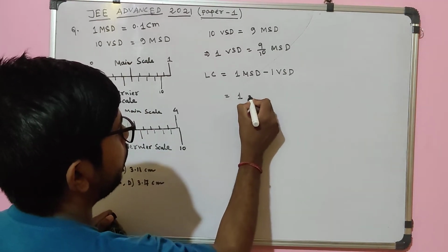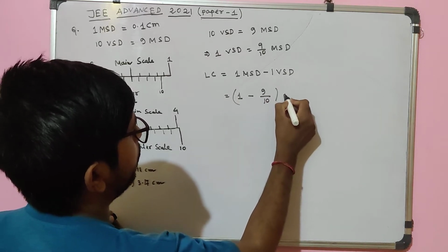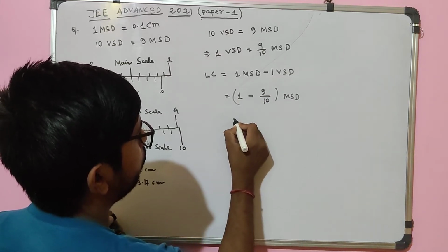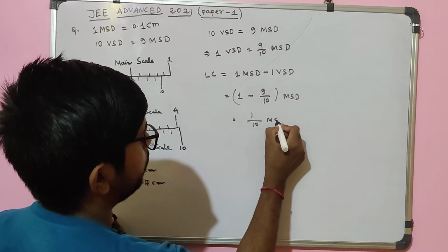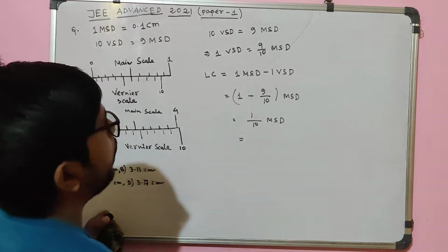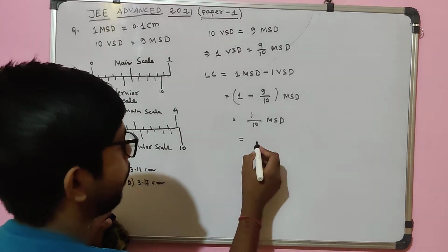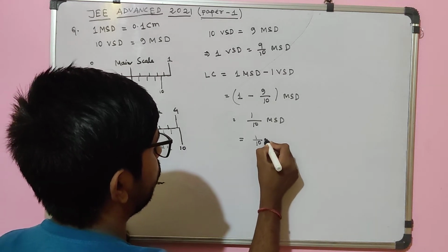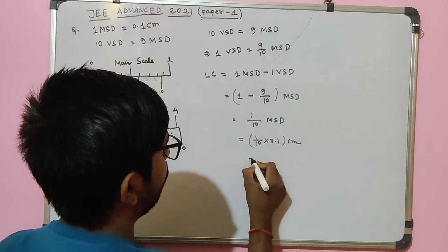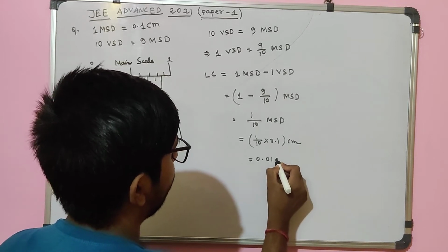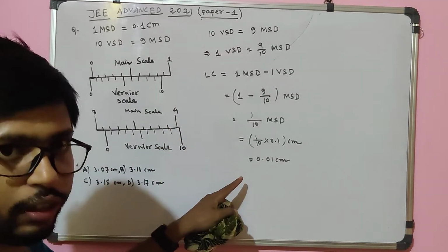So it is 1 minus 9 by 10, which is 1 by 10 main scale division. And the value of 1 main scale division is 0.1 centimeter, so this is 0.1 by 10, that is 0.01 centimeters. So this is the least count.